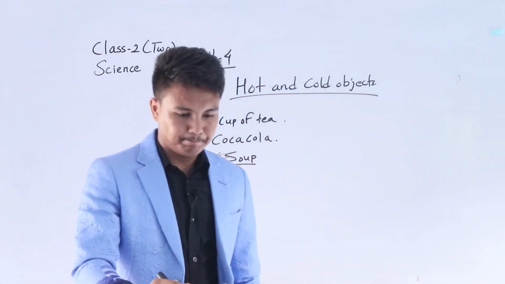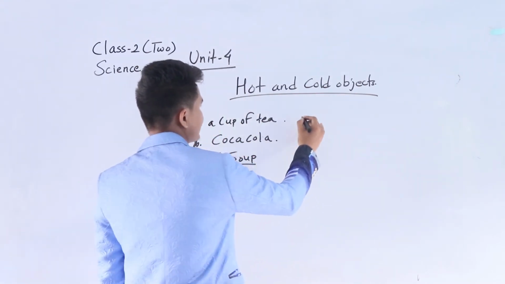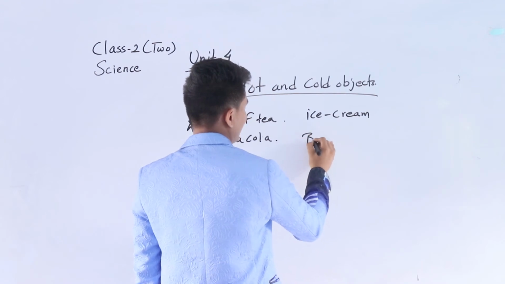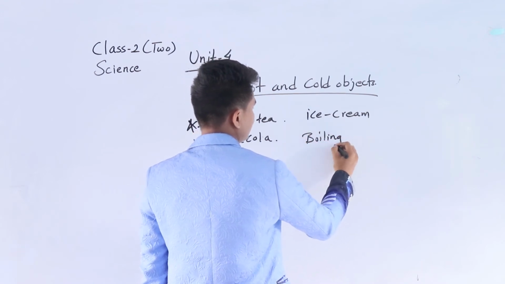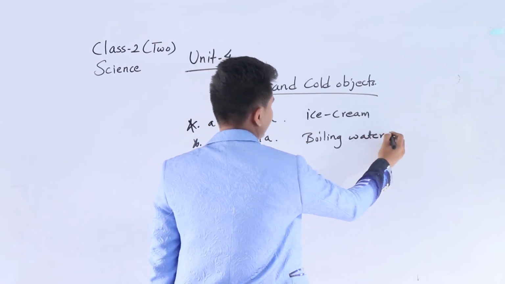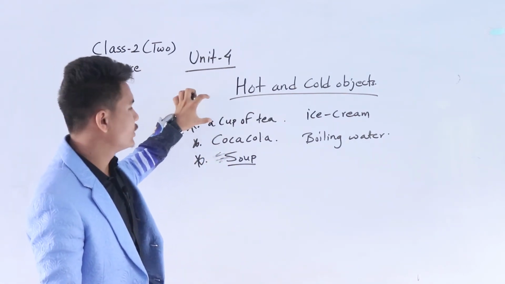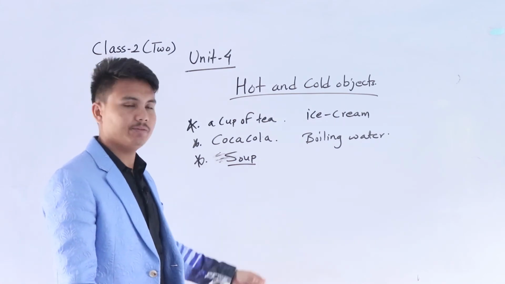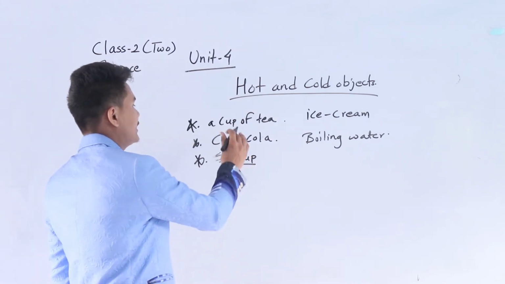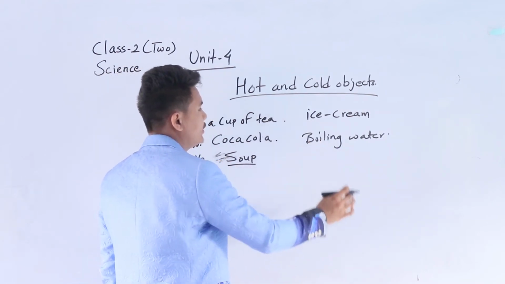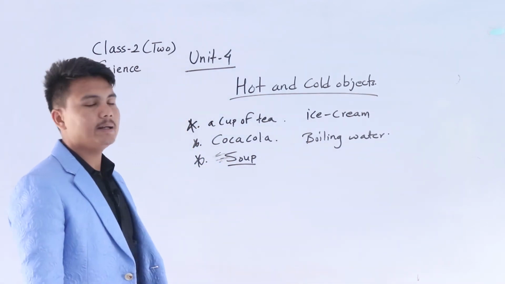And soup. Another is ice cream. The last one is boiling water. I hope all the students have seen it, touched it and tasted it in your life. You have probably had tea, and you have tasted Coca-Cola, soup, ice cream and boiling water. So now you can easily find it.